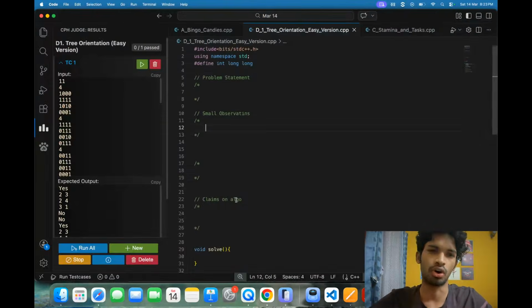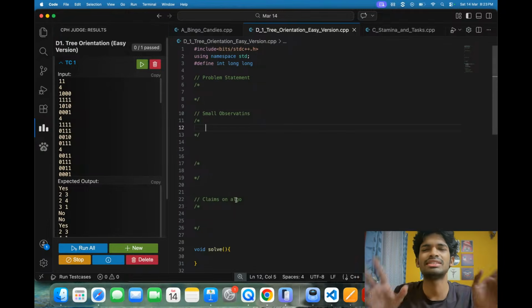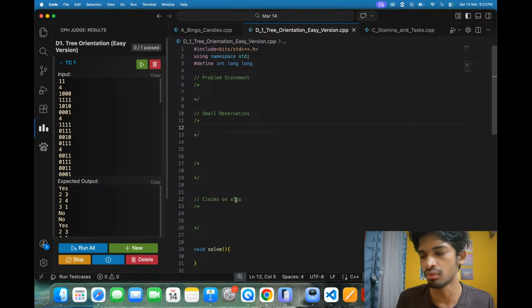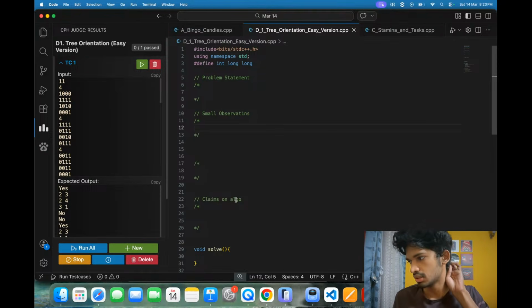Can you reach it or not? What will the structure be like once you have assigned those directions? If you try to see them as trees, how will they get split?